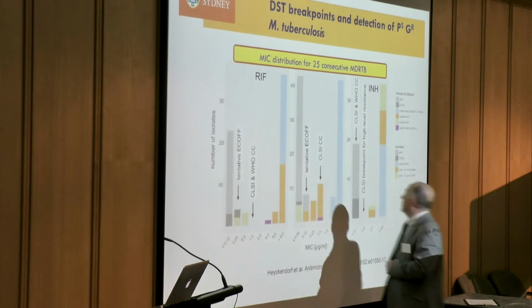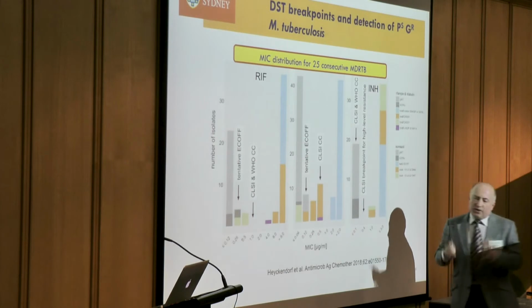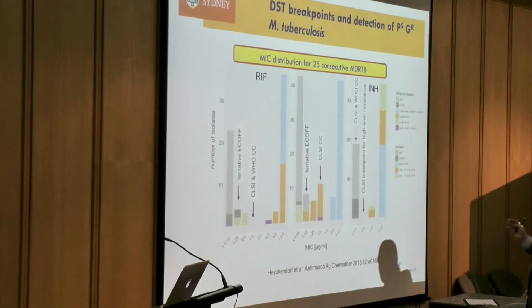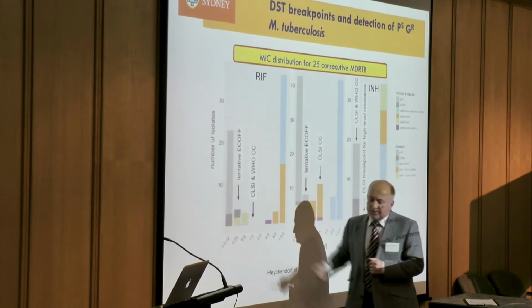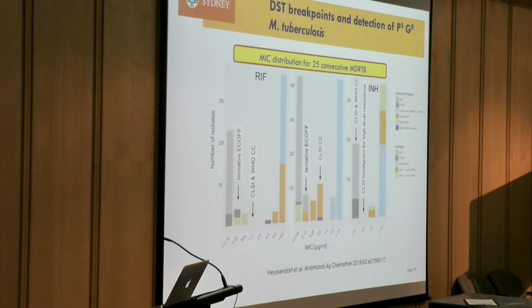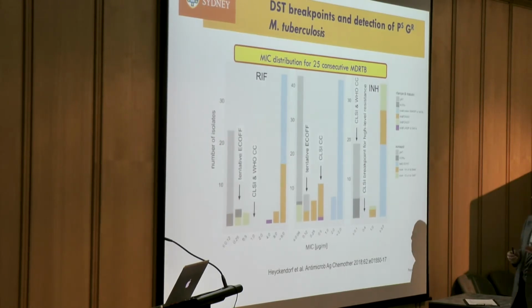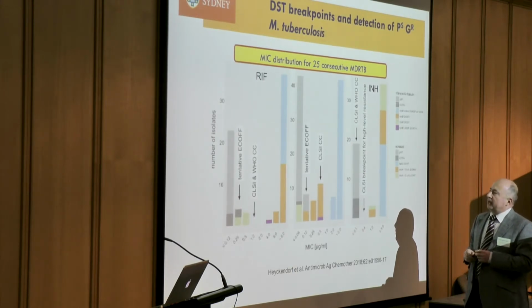And this purple is an example of mutations outside of the rifampicin resistance defining region. So this is clearly a type of strain that would present a significant problem for laboratories using current methods to screen for MDR-TB phenotypically.